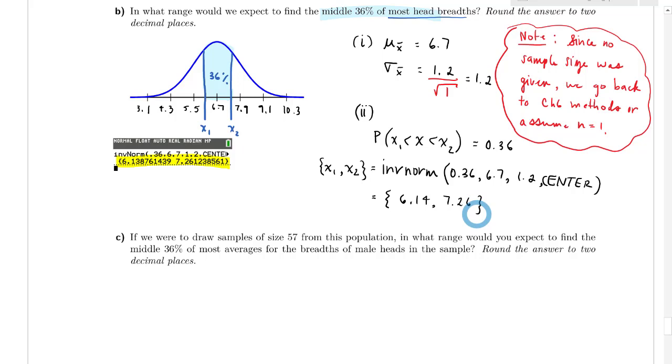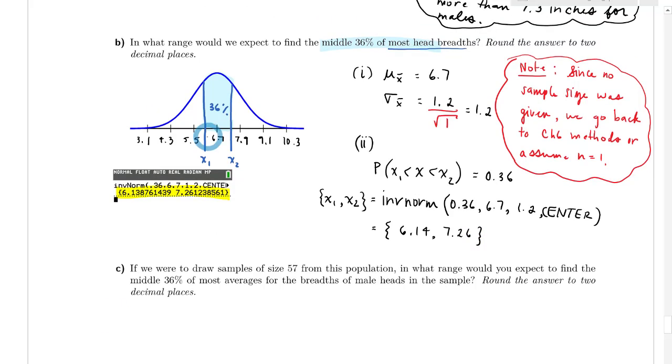So the probability in which I would select a sample that would have head breadths between 6.14 and 7.26 inches is 36%.